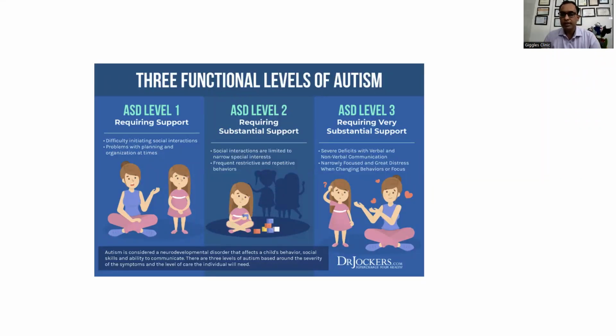So you as parents are the best guide to judge whether your child is ASD level 1, level 2, or level 3. Then you have ASD level 3, which has profound or typical characteristics of ASD, or requires very substantial support even in small routine activities. For example, even if he wants to drink water, he cannot tell. Suppose he wants to pick up a glass or he's thirsty, he cannot express himself.